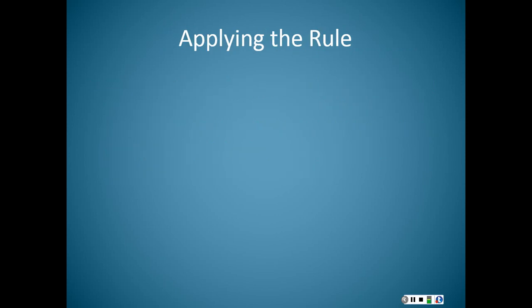Let's go ahead and apply the rule to prove the validity of the sequent we've just been looking at. So as we always do, we start out by writing down our premises. Okay, now that we've written down our premises, we may prove that this sequent is valid by applying our rule, Modus Tollens.